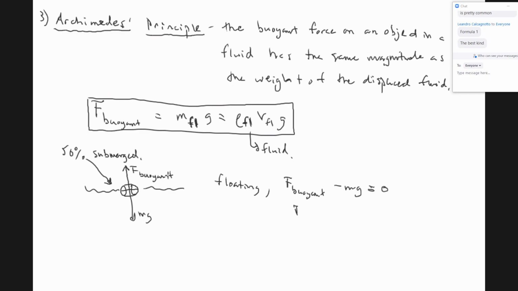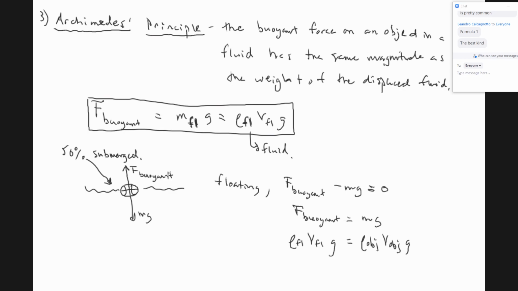So we know that buoyant force is equal to mg. And we know buoyant force is density of the fluid medium times volume of the displaced fluid times gravity, equal to, this is for the object, density of the object times volume of the object times gravity.